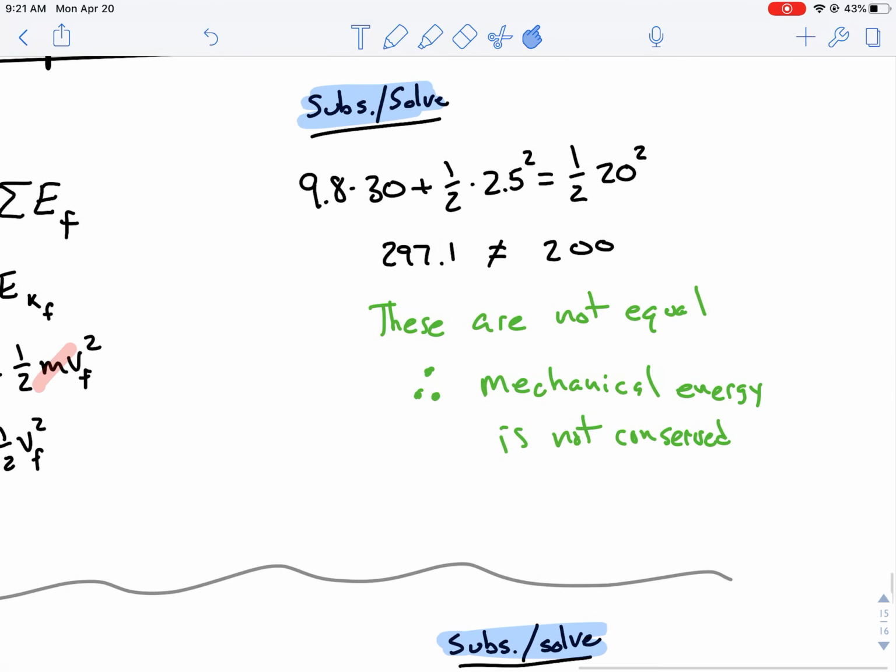And there I've substituted my numbers in. And what I notice here is that these two things do not equal. This right over here would indicate our beginning, and this would indicate our ending. I notice at the ending there is less than at the beginning. So this would indicate to me that mechanical energy is not conserved.